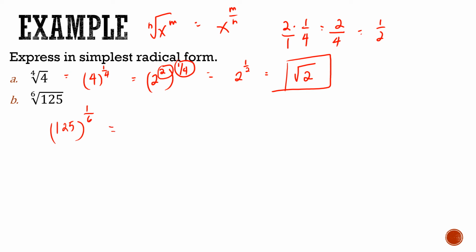So 125 can be written as 5 cubed. And then we will be raising this to 1 over 6.